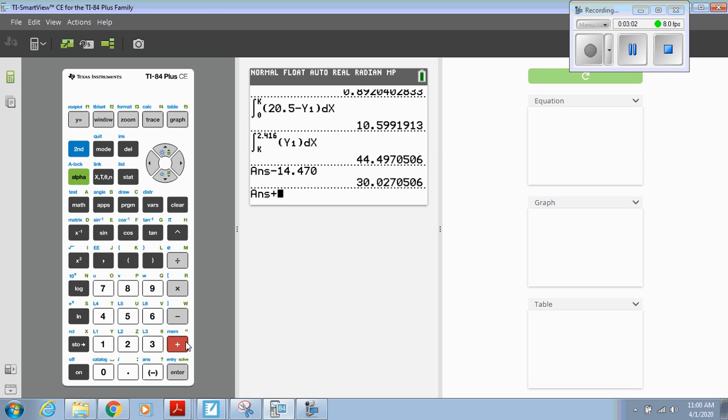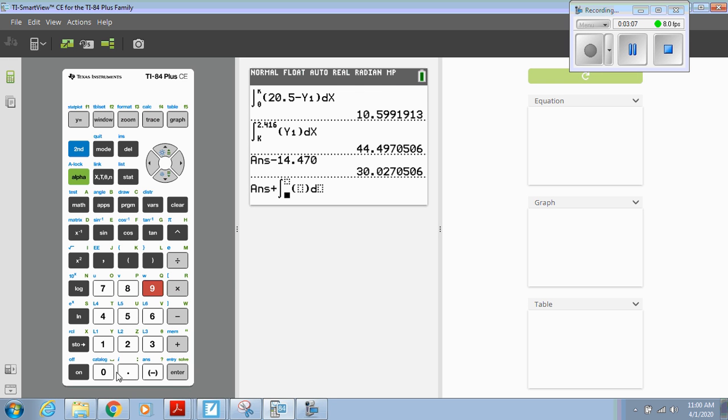So I'm going to add that to the integral, so Math 9, from 0 to K of 20.5. And we know we're using 20.5 because that's what they gave us in the second part of the question, in part B. It was not the area, I'm sorry, the rate at which it was coming in.